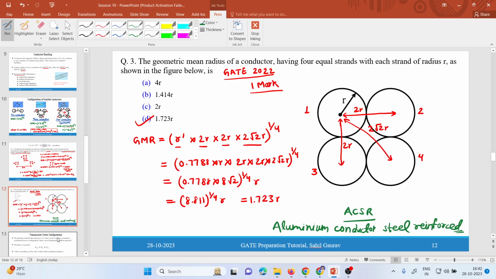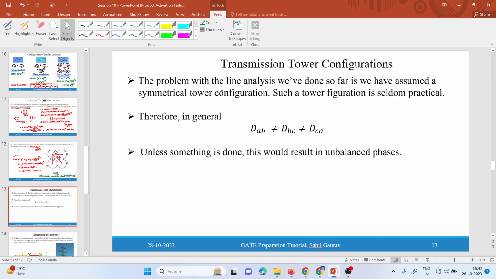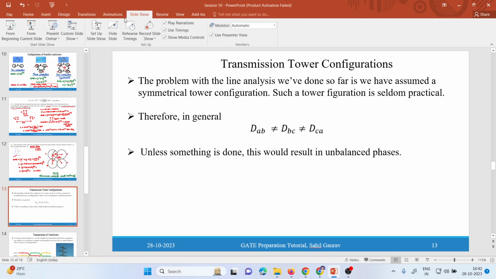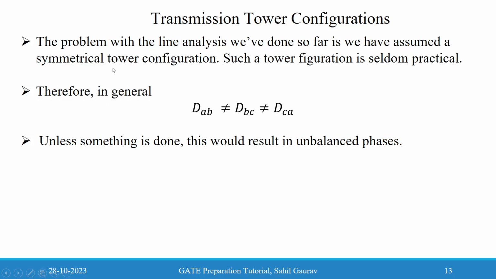Now let us come to the next part. We have seen bundle conductors, and the inductance calculation for single phase and three phase systems. Now we will see the transmission tower configuration that is unsymmetrical. In the line analysis we have done so far, we assumed a symmetrical configuration, with all phases A, B, C symmetrically placed.